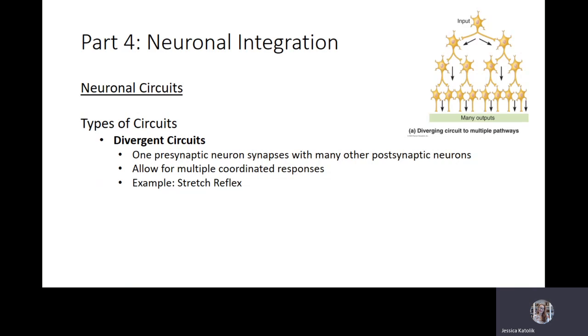What's going to happen is there's actually going to be these divergent circuits that are going to go through the body, and it's going to help stimulate many different reflexes as a result of that stimulus. We may increase our breathing rate and depth of respiration.